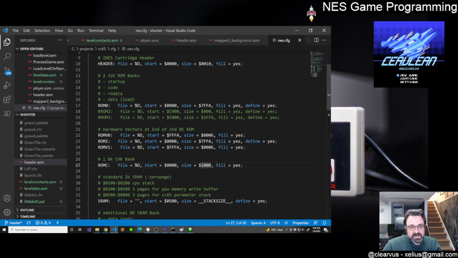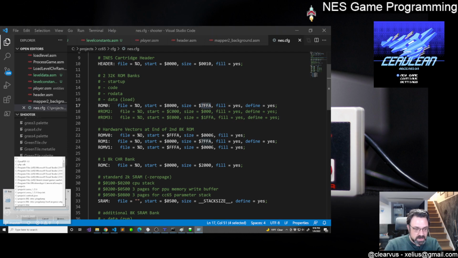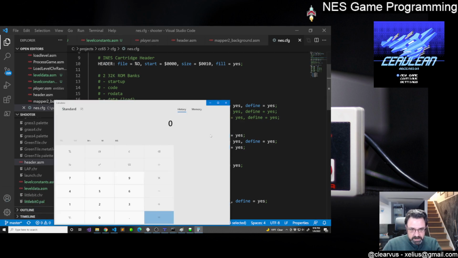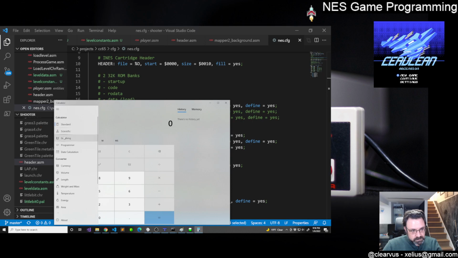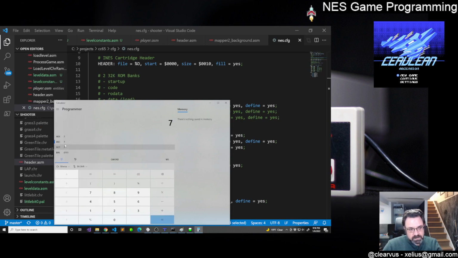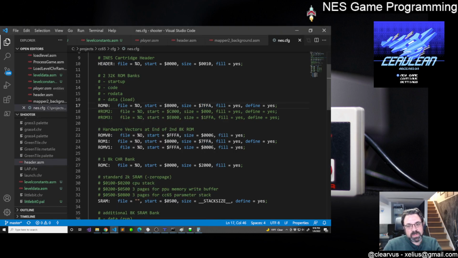We also have the ability to define this ROM here that starts at 8000 and ends at, and the size is this. What is that size? I don't even know what that is off the top of my head. That's 32K. So I'm defining one big 32K bank.